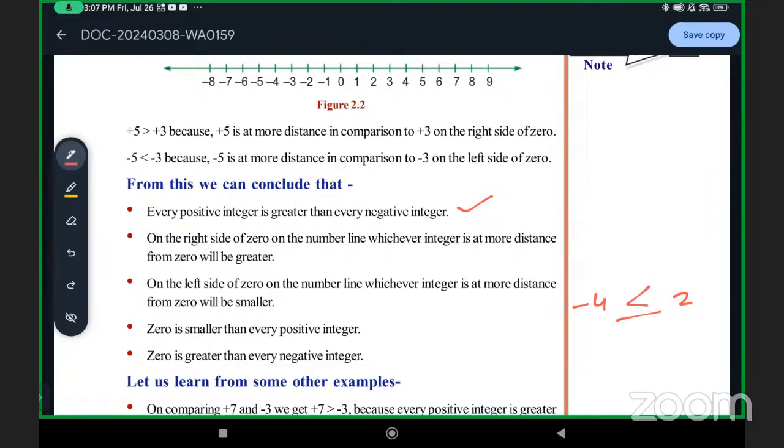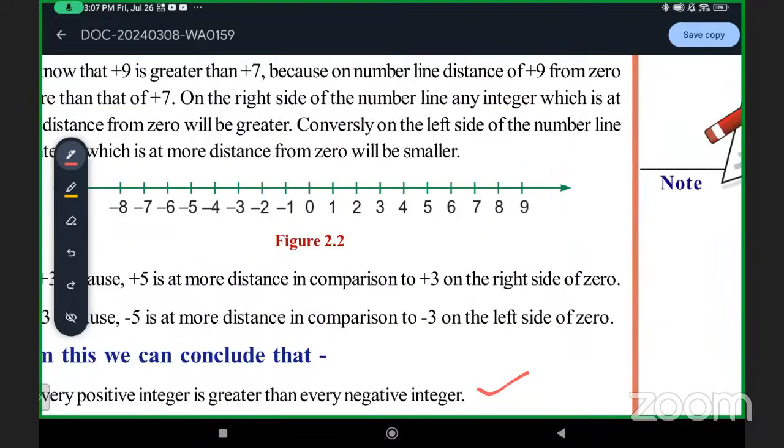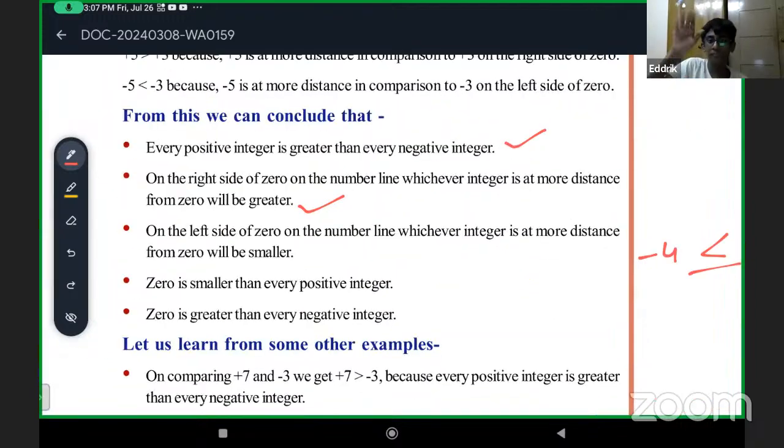Then on the right side of 0 on the number line, whichever integer is at more distance from 0 will be greater. Look at 0 and 9: 9 is at a distance, so it is greater than 0.